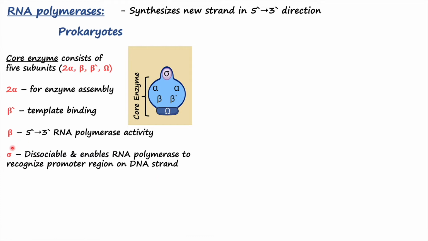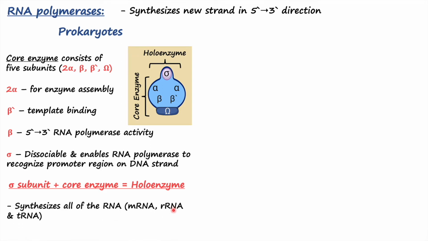The sigma subunit plus the core enzyme forms the RNA polymerase holoenzyme. Another important thing to know is that the RNA polymerase holoenzyme synthesizes all forms of RNA, which includes mRNA, rRNA, and tRNA.